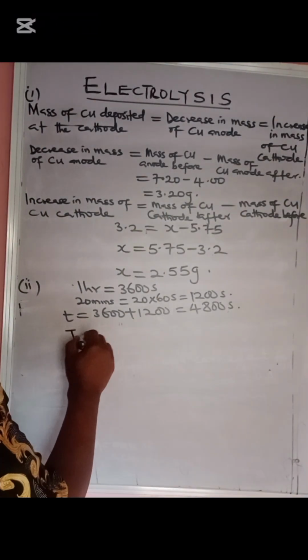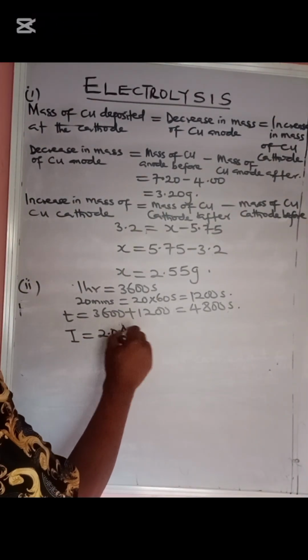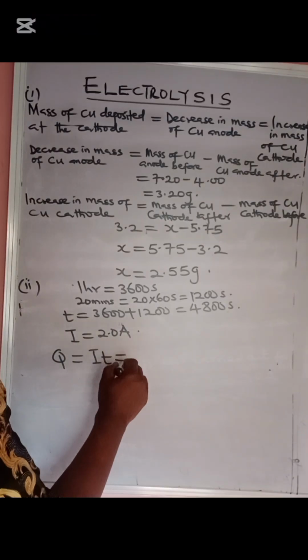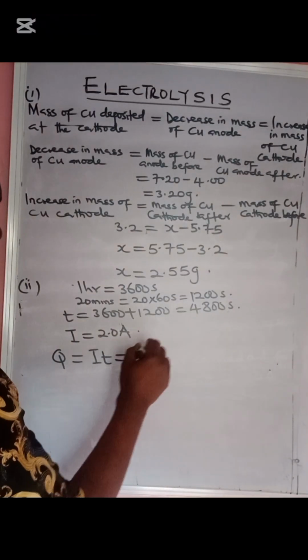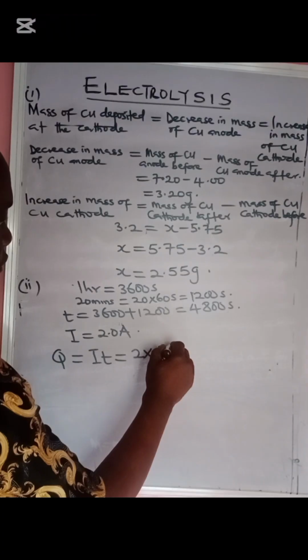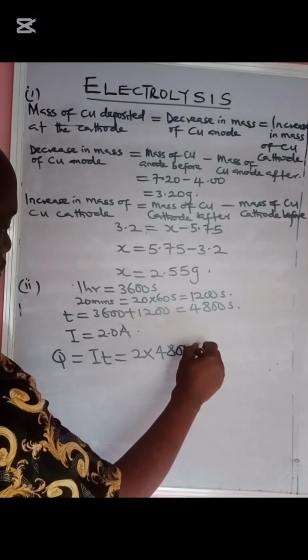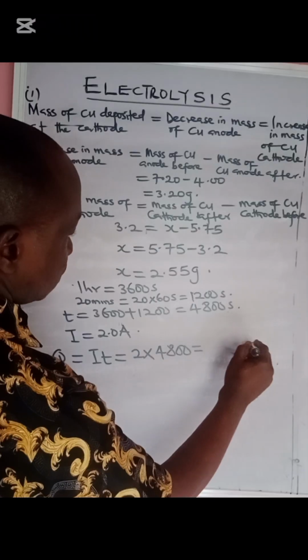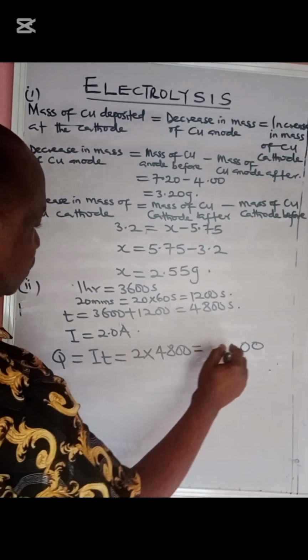The current is going to be 2.0 ampere. So Q is equal to I times T, which is 2 times 4,800.